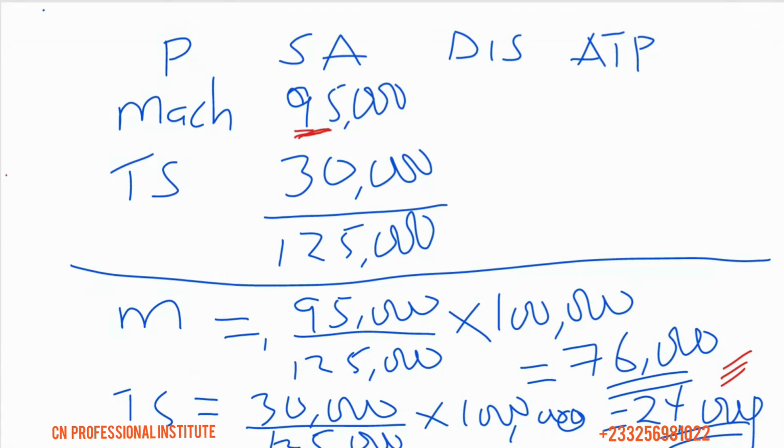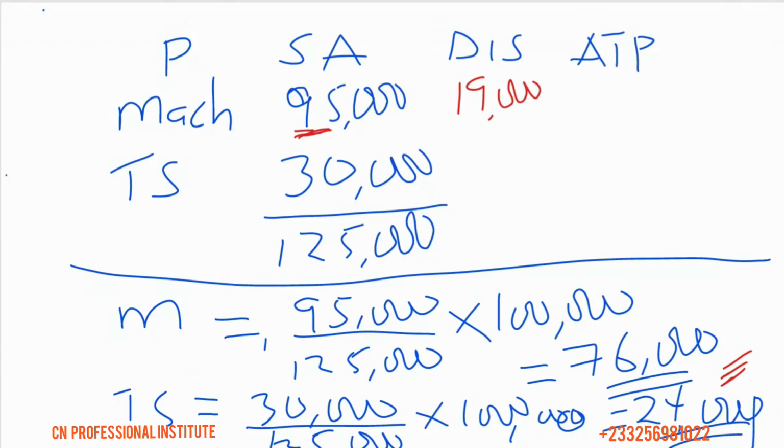Standalone is 95, transaction price allocated is 76. So what's the difference? 95 minus 76, you get 19. So 19,000 is the discount for the machine.